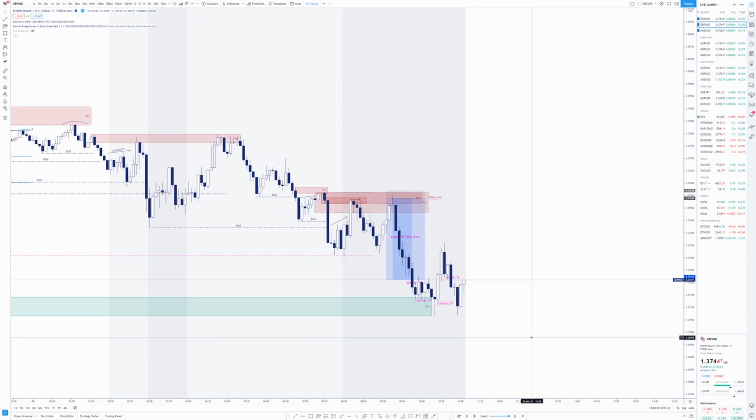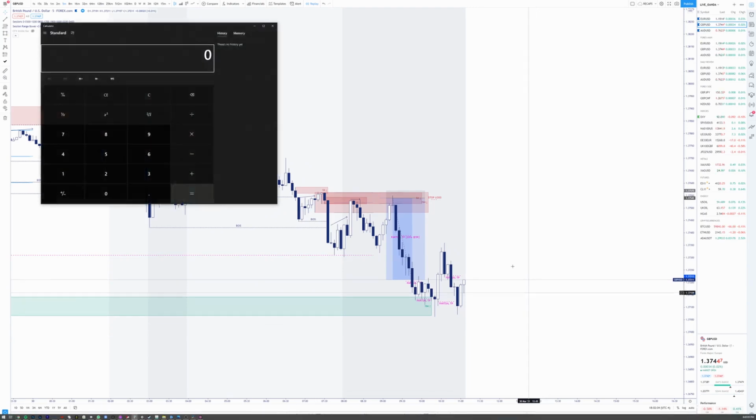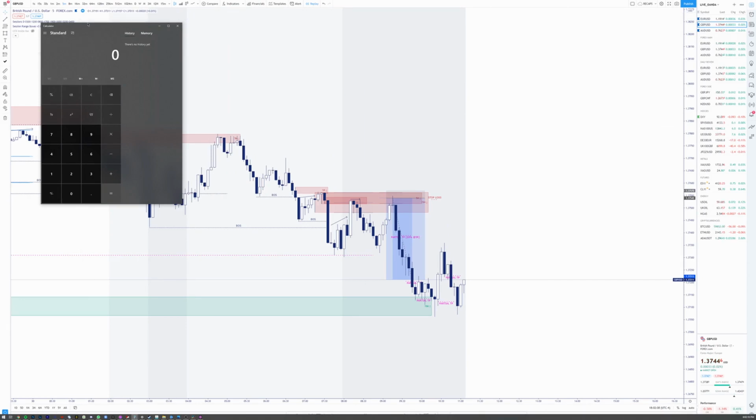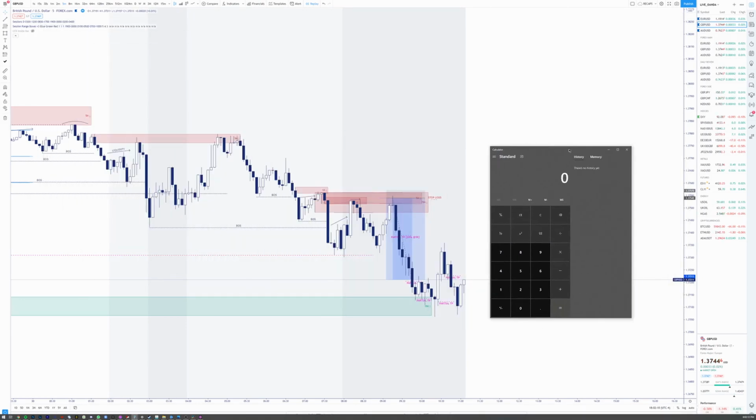Overall, a really good trade. If we do the math on that, I just want to give you guys an idea of how profitable a trade like this is. We're going to do a small risk on this to give you an idea. I'm going to be conservative about it. I typically like to risk 0.25% or 0.5% of a $100,000 account.